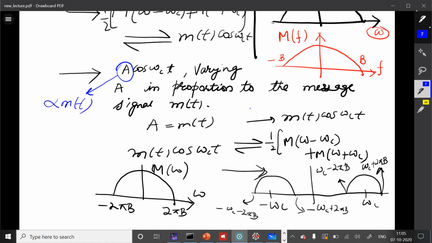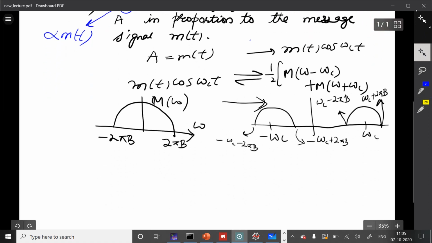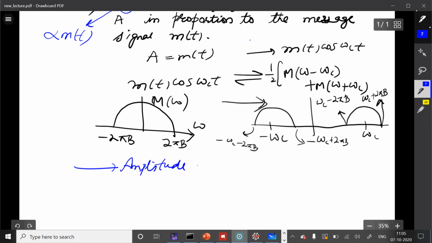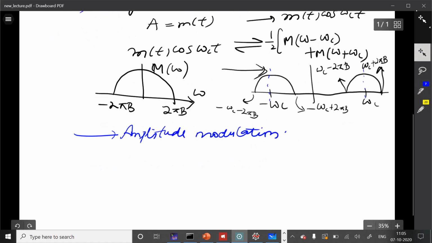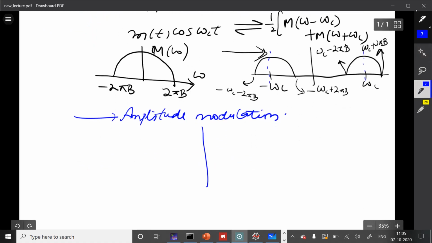Okay, so this type of modulation is called amplitude modulation. And since we have here, if you see, I will redraw this Fourier transform a little bit here. It has very important information in it.